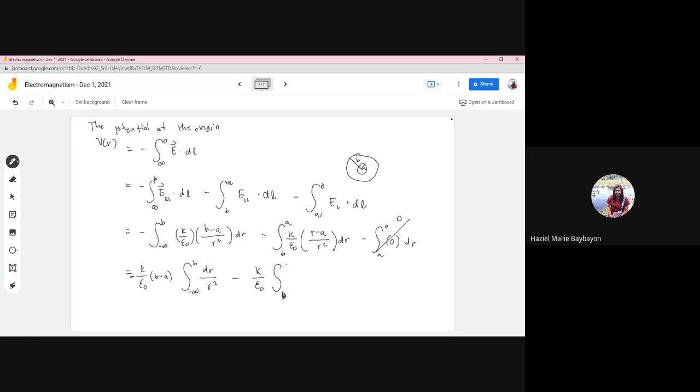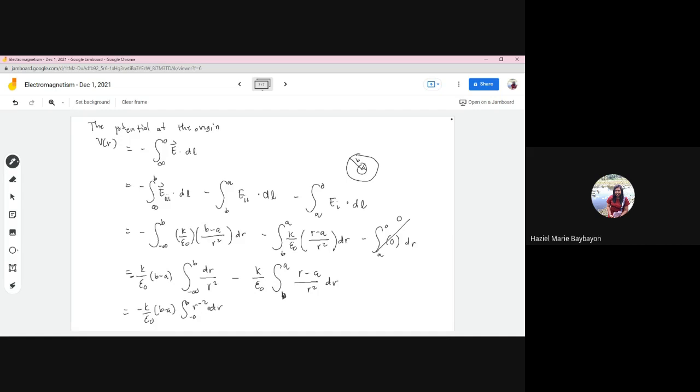From b to a, you have (r minus a) over r squared dr. Okay, so let us evaluate first the first integral. This is equal to, r to the minus 2 dr from negative infinity to b.